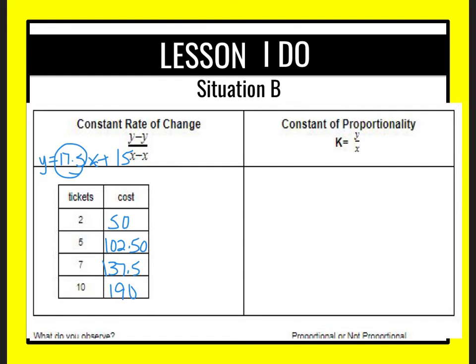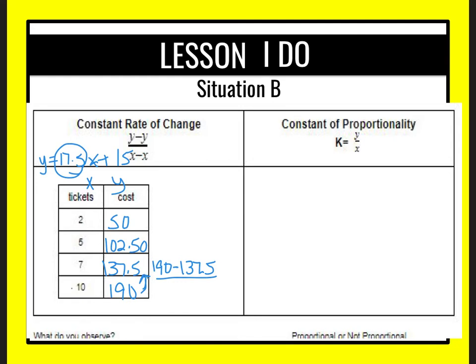So I'm transferring my values here. Once again, change in y over change in x. Let me go ahead and take the change in y. On my calculator, $190 minus 137.5. That's my change in these two y coordinates, right?